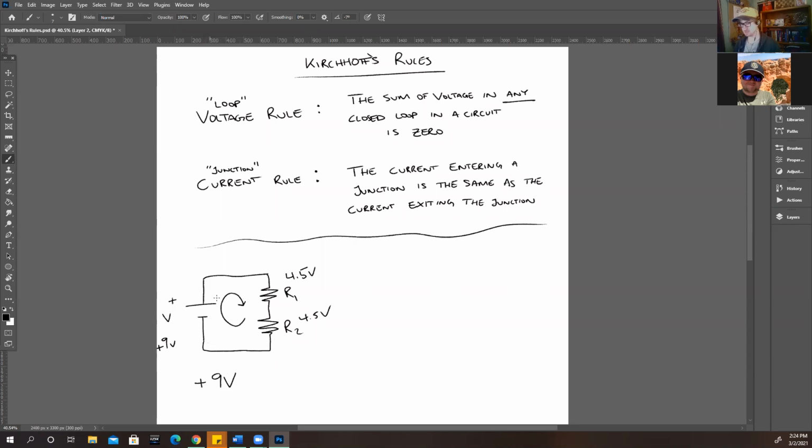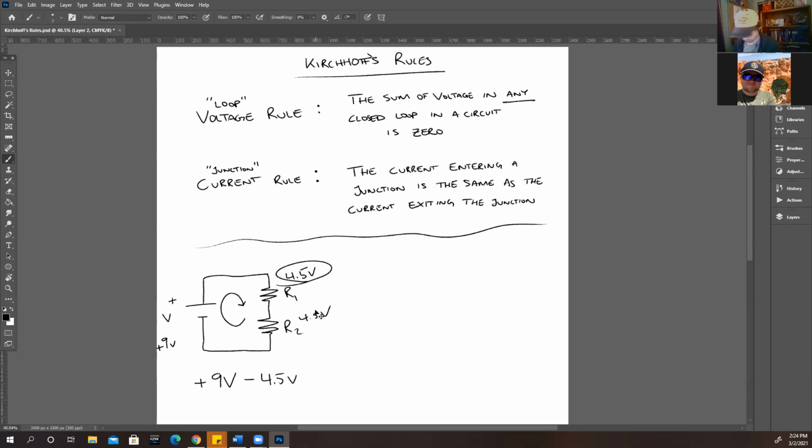Then I look at what else is in the loop. There's resistor 1, and it is consuming 4.5 volts. So with my notation, I'm going to say that's minus 4.5 volts.